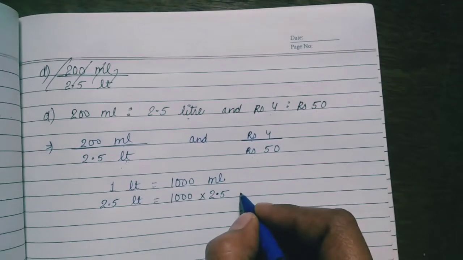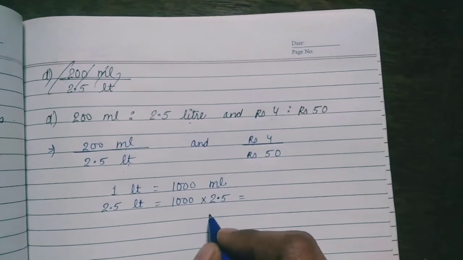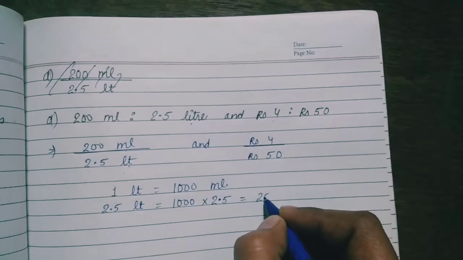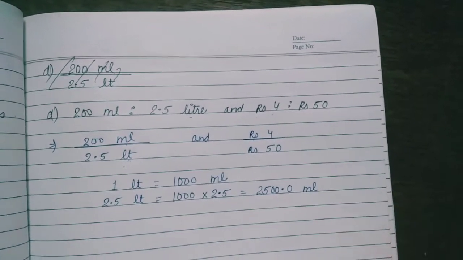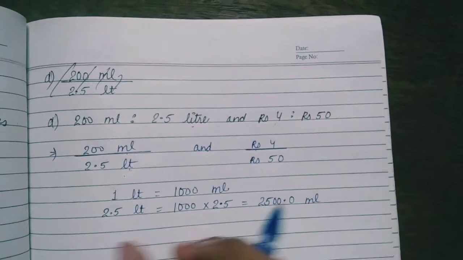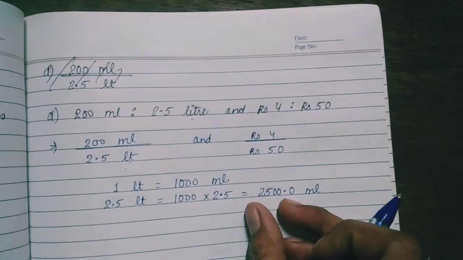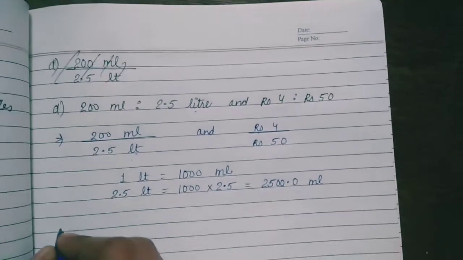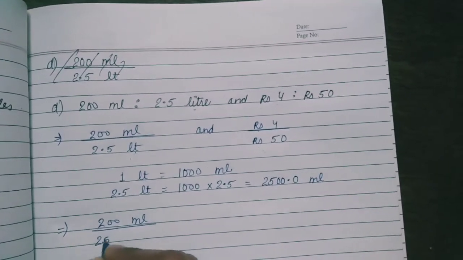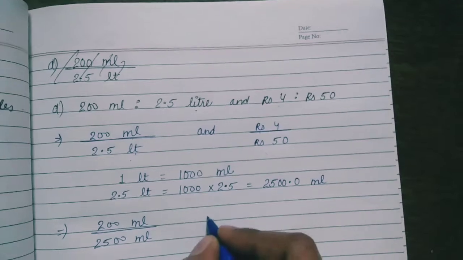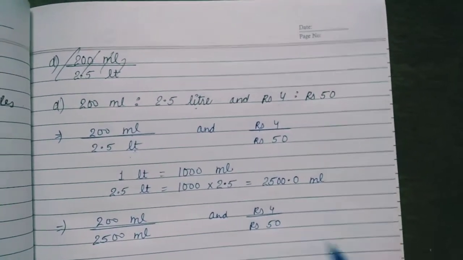When we multiply 2.5 with 1000, it will give us 2500 milliliter. So in place of 2.5 liter, we will simply write 2500 milliliter, and the first ratio is 200 milliliter by 2500 milliliter, and the second ratio is rupees 4 by rupees 50.